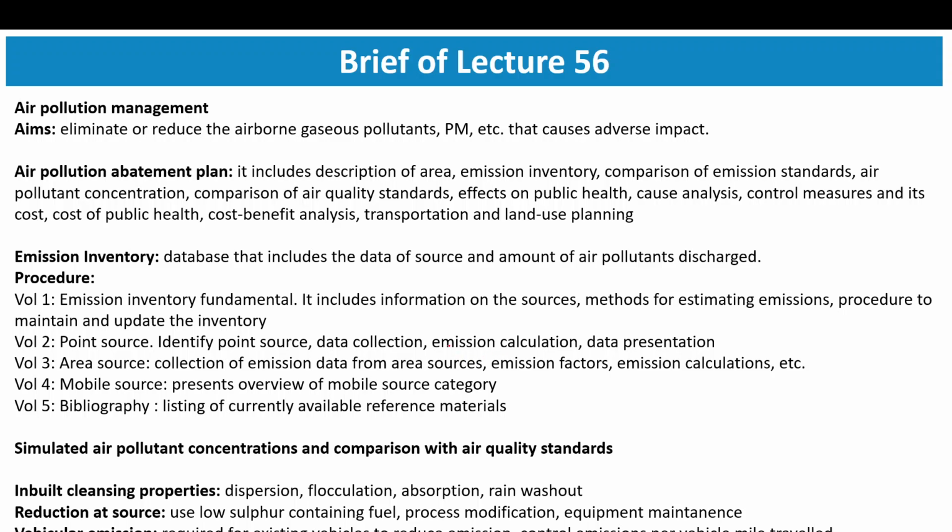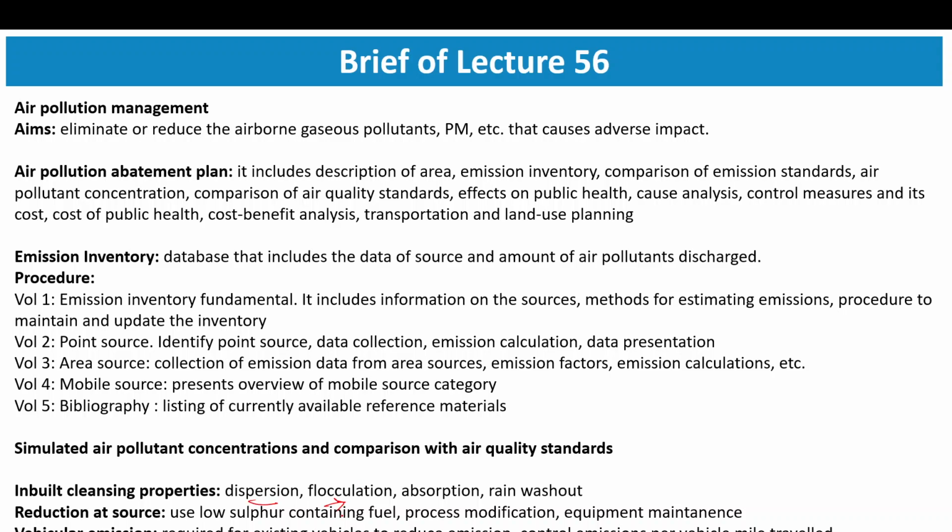Dispersion is because of the concentration gradient, the molecules transfer from one place to another, from high concentration to low concentration. Along with the bulk movement, which is because of the wind, that is nothing but dispersion.